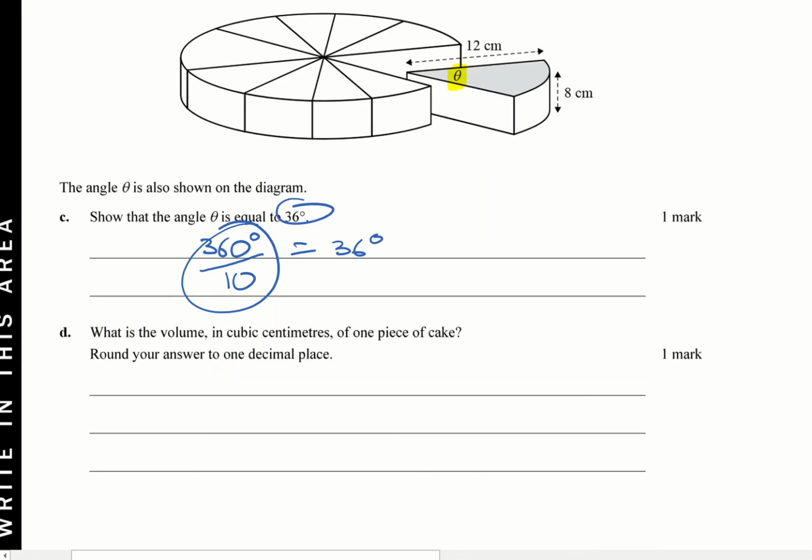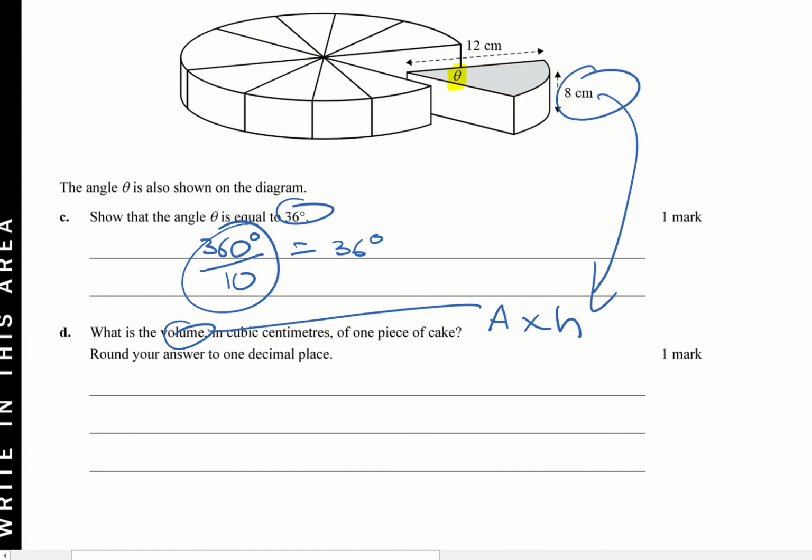So what is the volume in cubic centimeters of one piece of cake? Round your answer to 1 decimal place. Now, you've got to remember that volume is basically area times height. We've got our height, that's 8. What we need to find is the area of that, and it's the area of the sector.